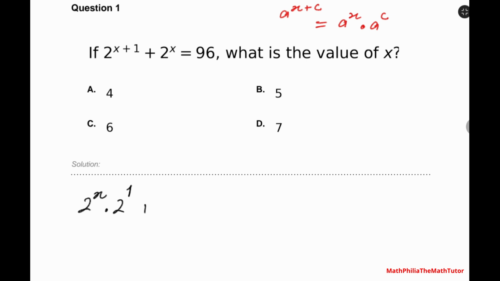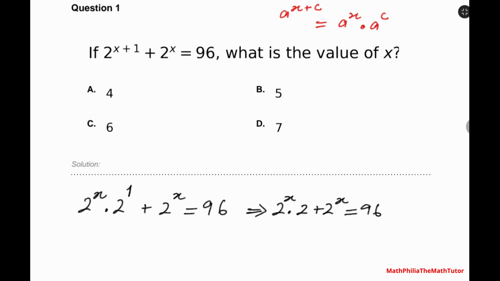Let's continue. Plus, we have 2 to the power of x is equal to 96. And from here, well, 2 raised to the power of 1 is just 2, right? So let's say we have 2 multiplied by 2 to the power of x, plus 2 raised to the power of x is equal to 96.